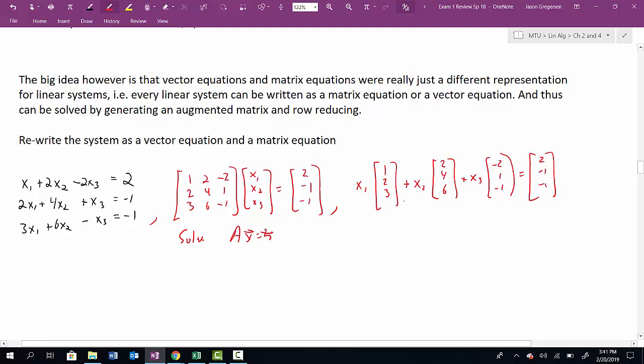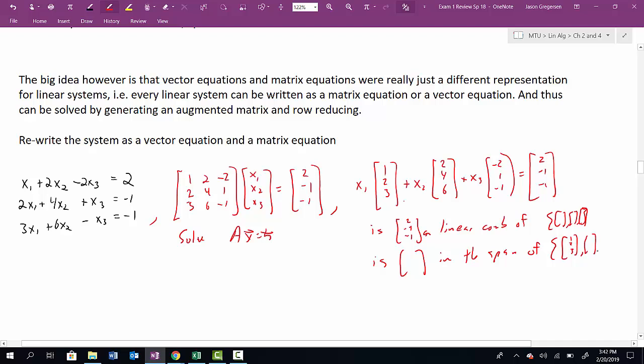Whereas for the vector representation, we might say, is (2, -1, -1) a linear combination of the vectors, right? Or we might say, is this vector in the span of those vectors?